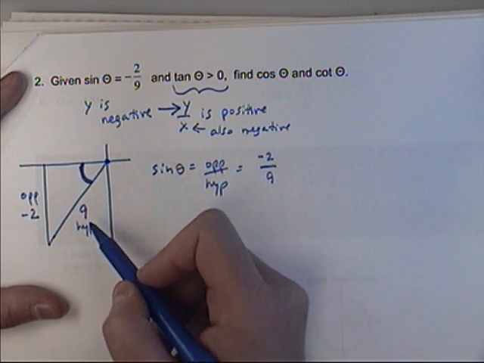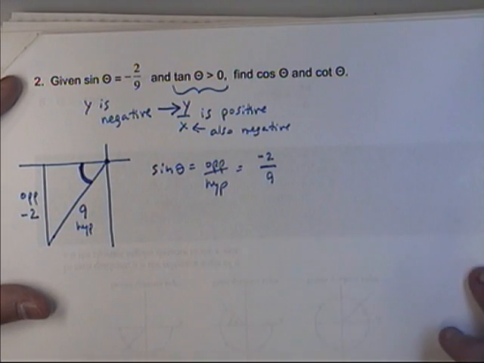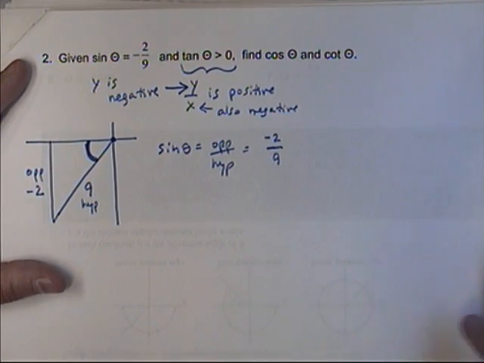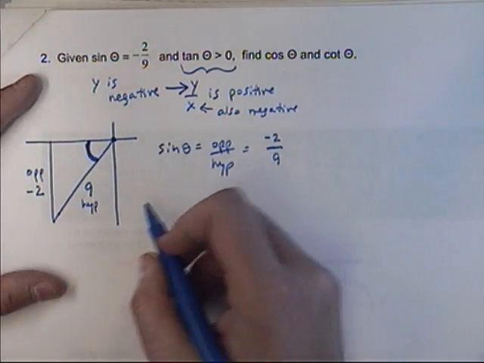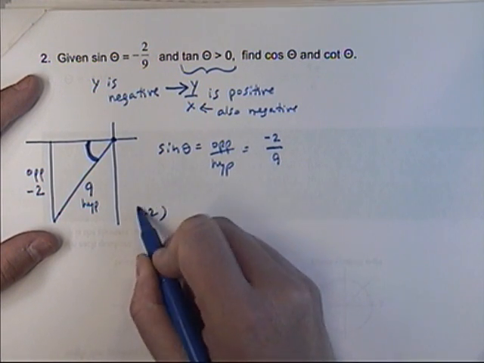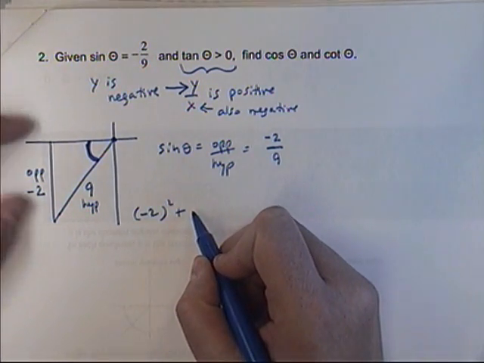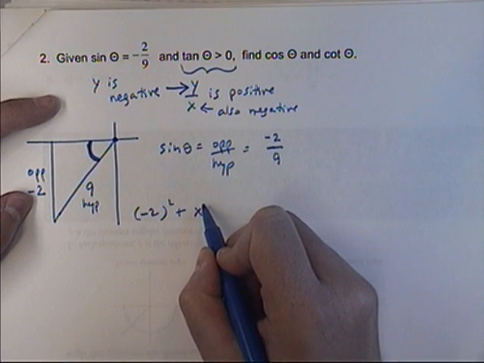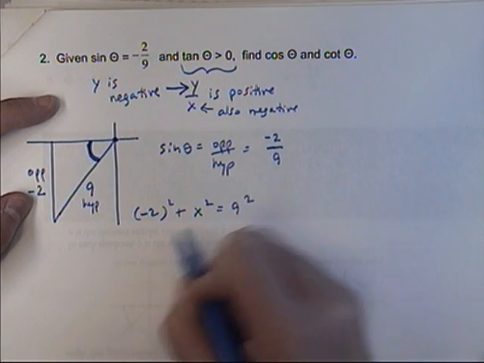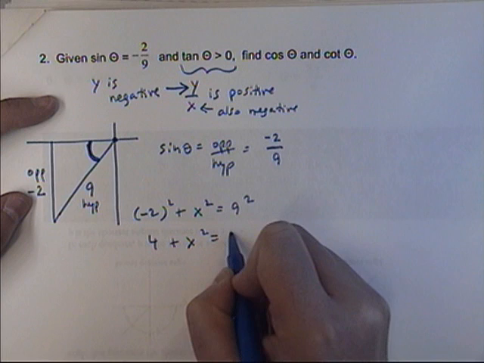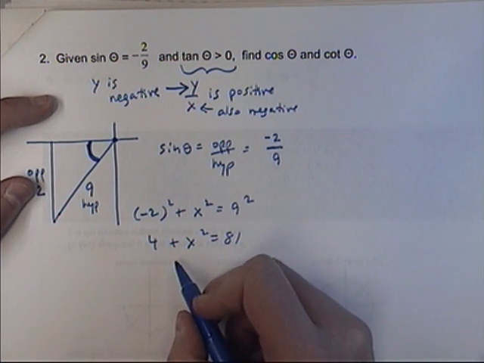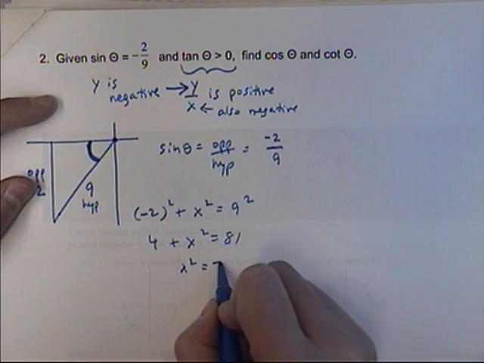And so I'll have to find my adjacent, again, with Pythagorean math. So, let's see, leg squared plus, now I'm trying to find the horizontal side here, so I'm going to say that's x squared equals 9 squared, so that's 4 plus x squared equals 81. If I subtract 4 on both sides, I get 77.